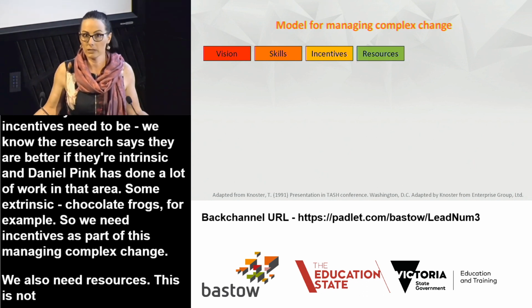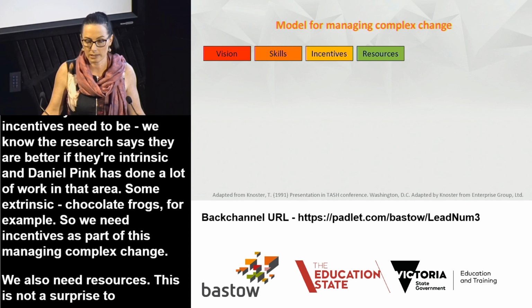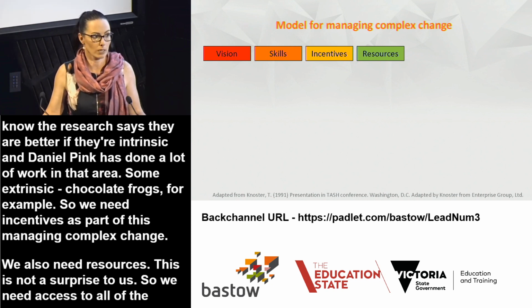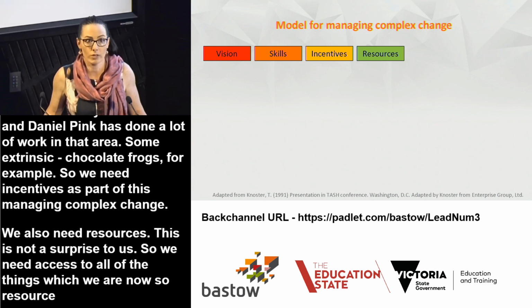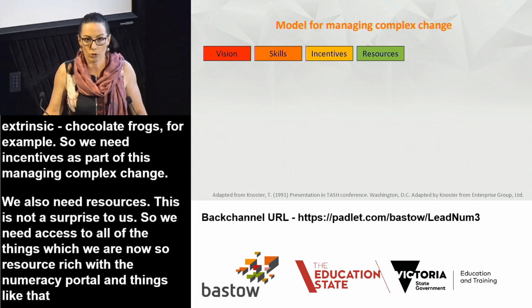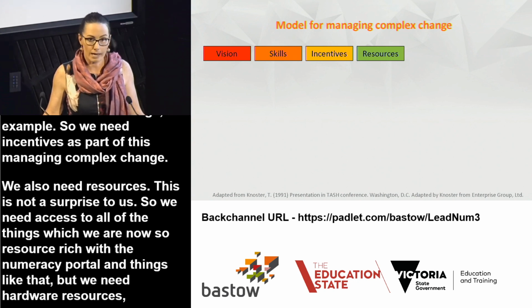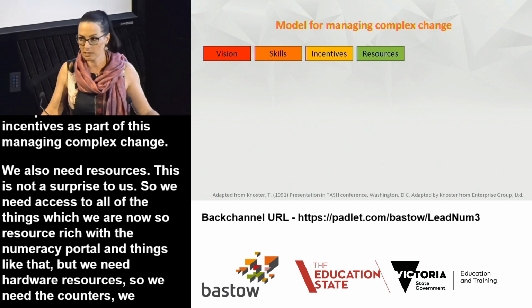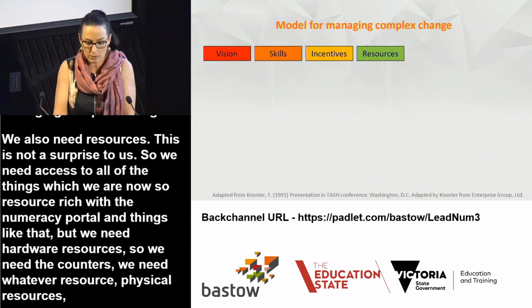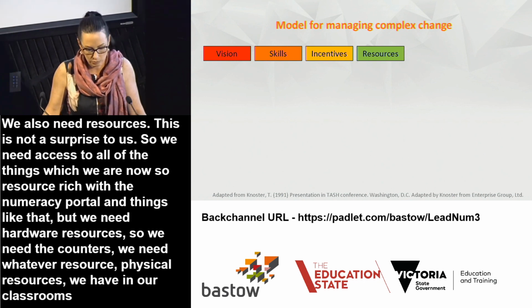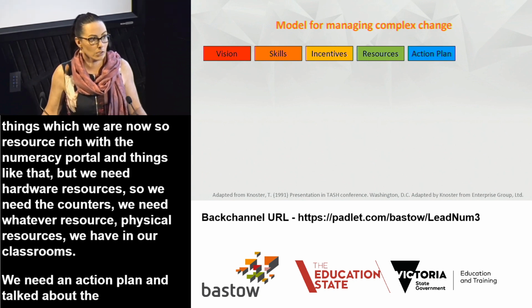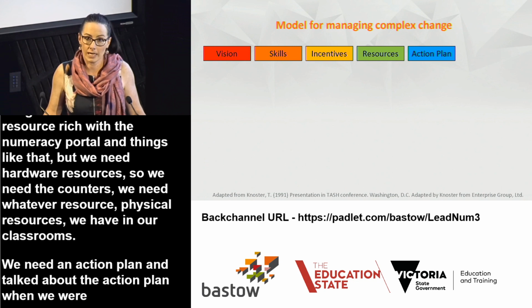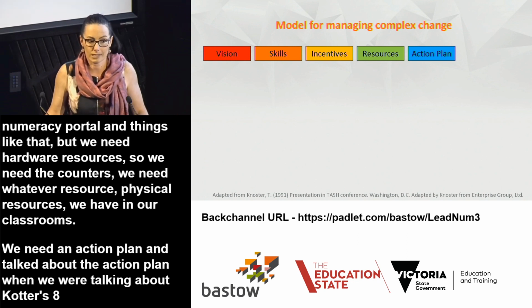We also need resources. This is not a surprise to us. So we need access to all of the things that we are now so resource rich with, the numeracy portal and things like that. But we need hardware resources. So we need the counters, whatever physical resources we have in our classrooms. We need an action plan, and we talked about the action plan when we were talking about Kotter's 8 steps.